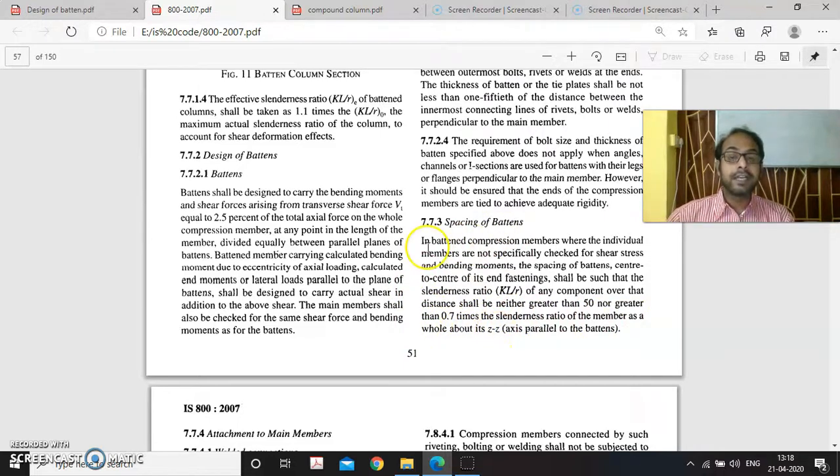So if you see in batten compression member where the individual members are not specially checked for shear stress and bending moment, the spacing of the batten, center to center of its end fastening, shall be such that the slenderness ratio should be less than the previous set provisions, that is 50 or 0.7.